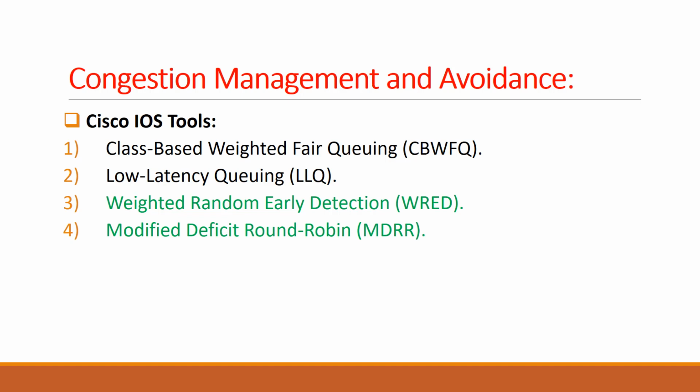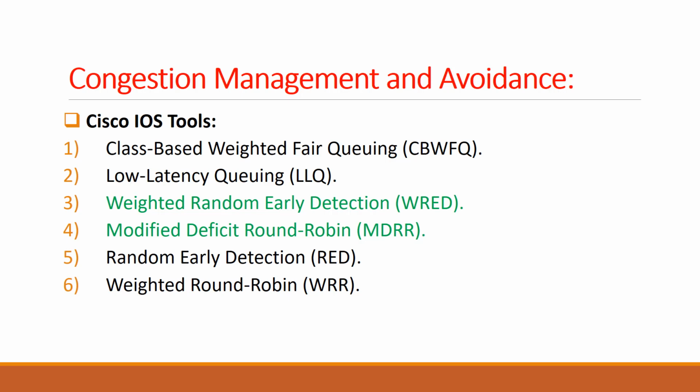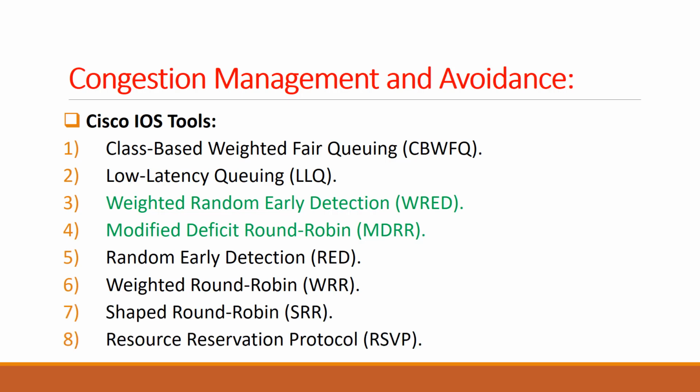And then we will discuss modified deficit round robin or MDRR as a congestion management tool or queuing tool. And in later videos, we will discuss random early detection, weighted round robin, and deficit round robin, and then finally resource reservation protocol.